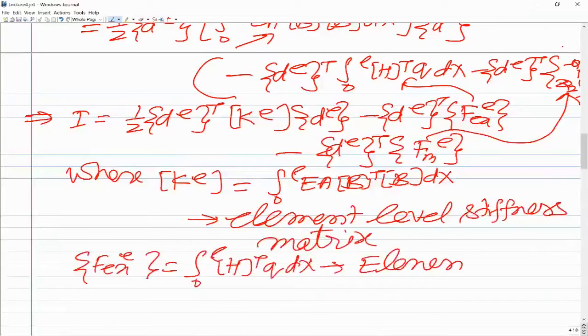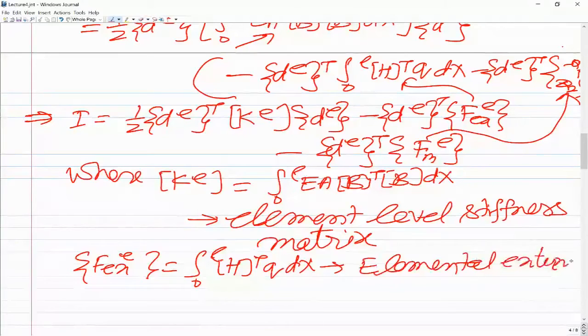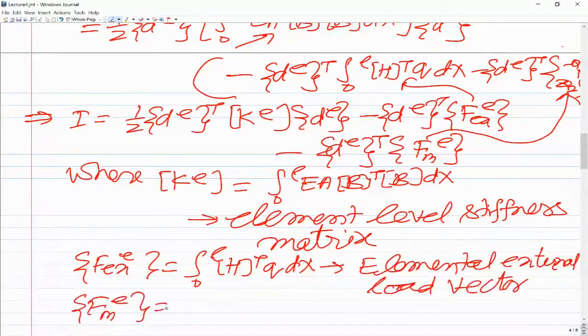Either you can say element level or elemental, you can write either. So elemental external load vector. And then we have this F internal for the element, which is minus Q1, Q2, and this we call the elemental internal load vector.